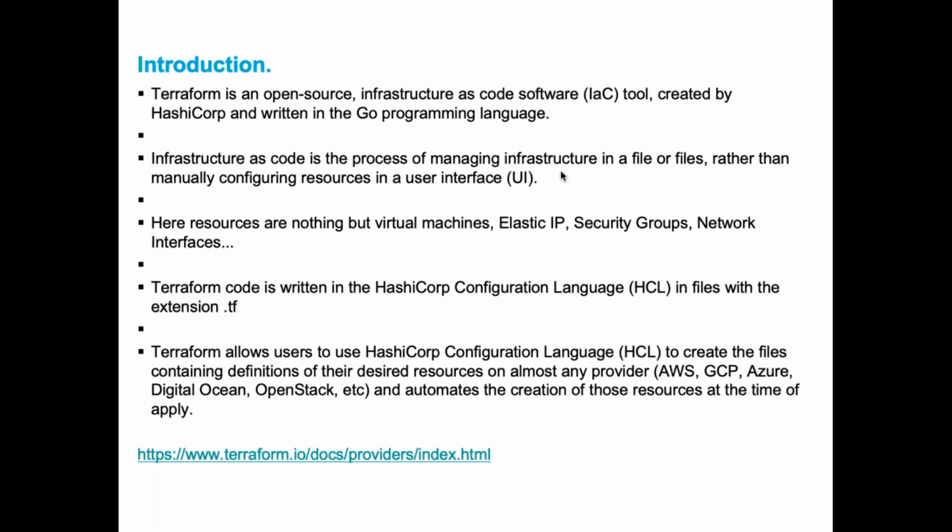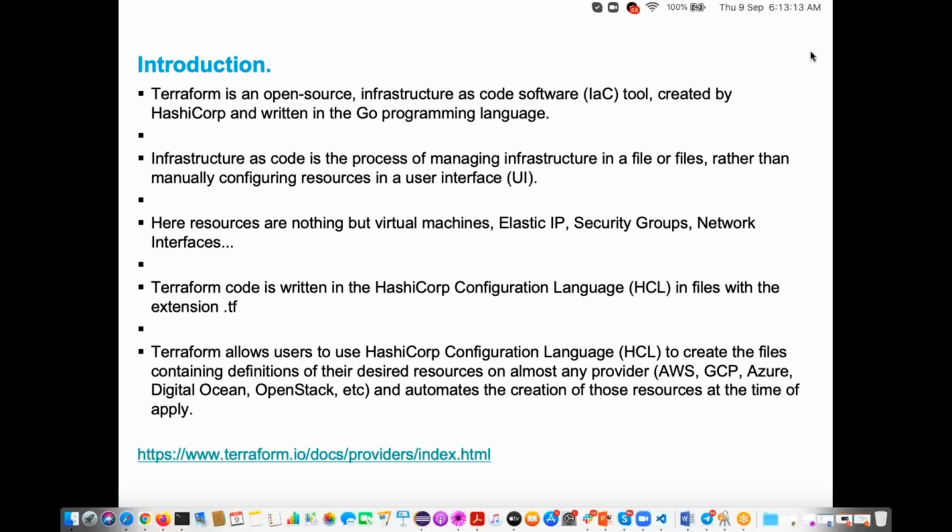If you want to deploy an application with load balancing, ELB is a service. All these services are managed through one particular file, instead of creating those resources through the user interface. Resources here are virtual machines, elastic IPs, security groups, network interfaces and so on.